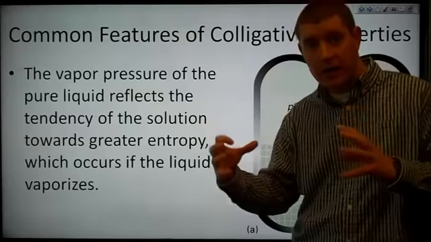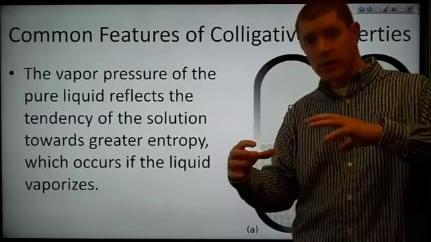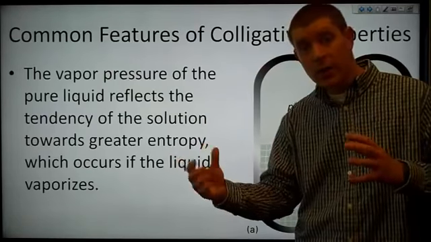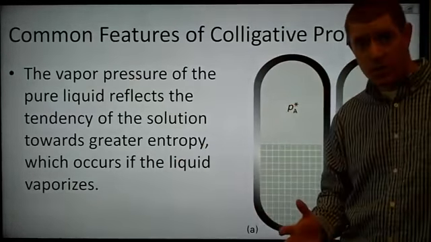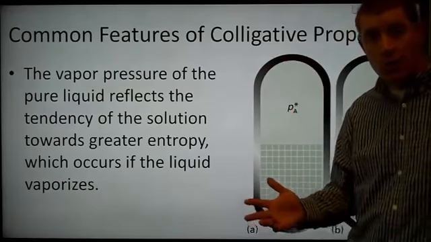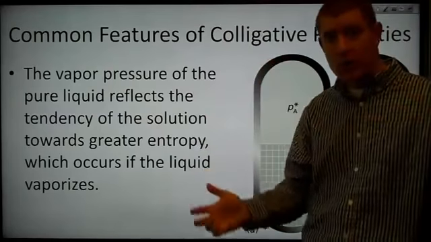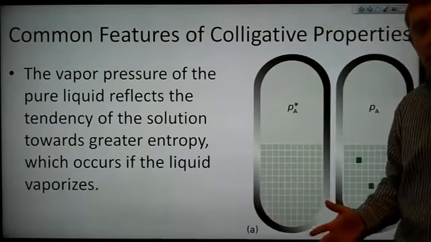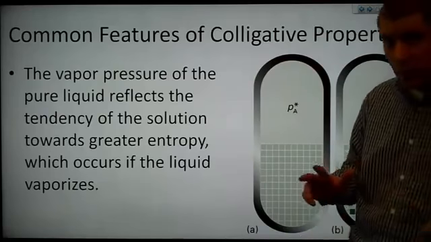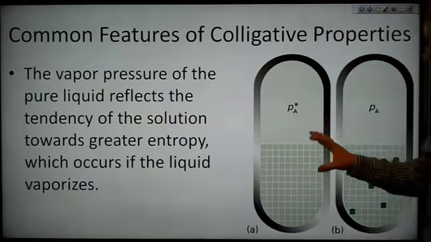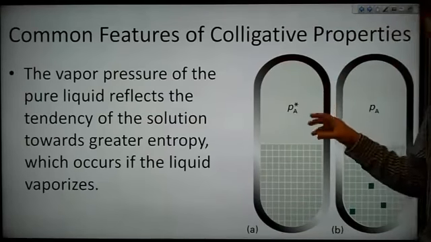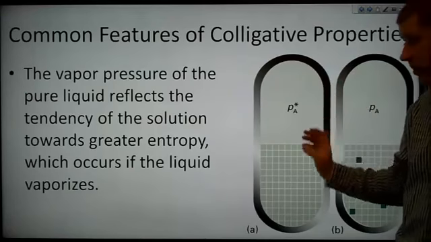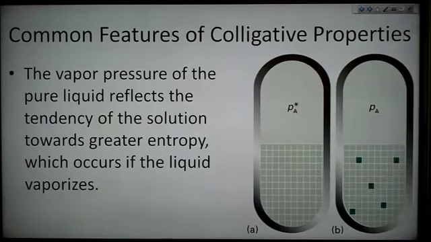The solid is a very highly ordered state. The liquid is less ordered than the solid, but the gas is very, very disordered. There's basically no order there at all. The molecules are bouncing around totally randomly. They're not interacting with each other at all. Well, that's what we're assuming for an ideal gas. So going from the liquid phase to the gas phase means that we're increasing the entropy. So that's why some of the liquid is vaporizing.